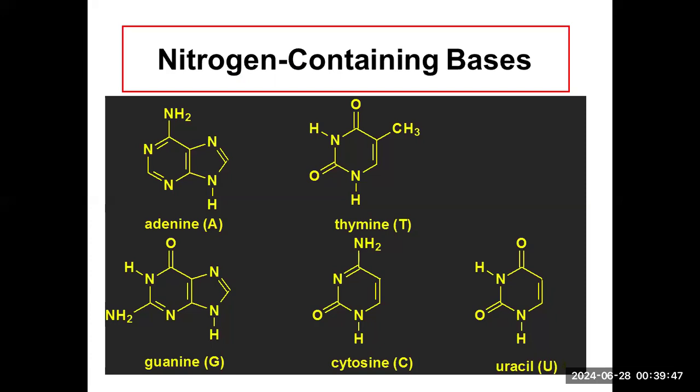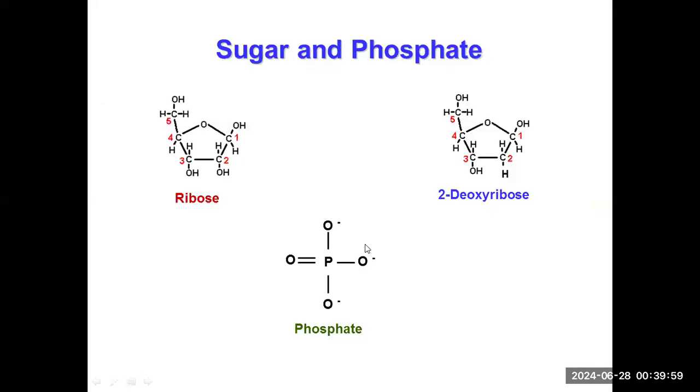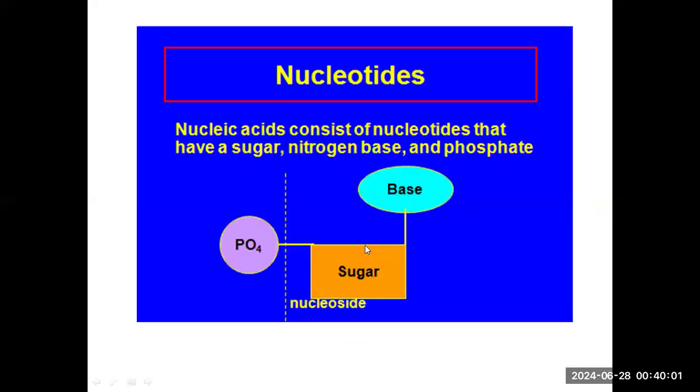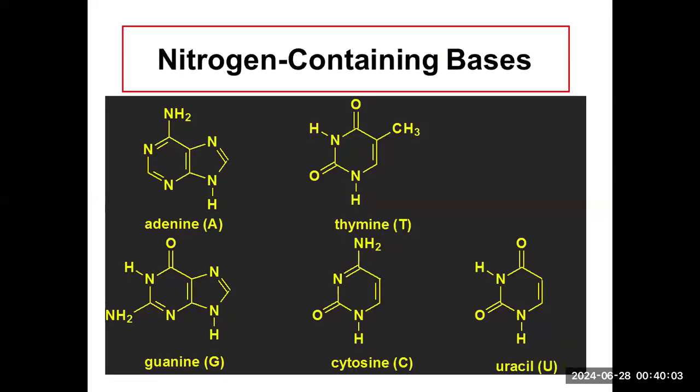Purines are adenine, you can look right here at the structure of adenine, as well as guanine. Pyrimidines are thymine, present in DNA, cytosine, present in both DNA as well as in RNA, and uracil, present only in RNA.